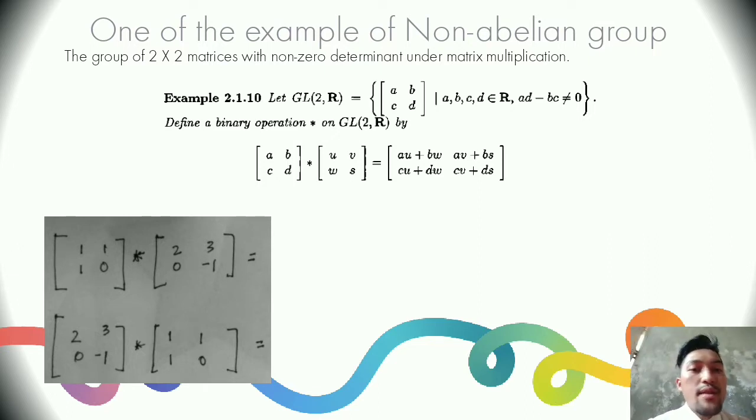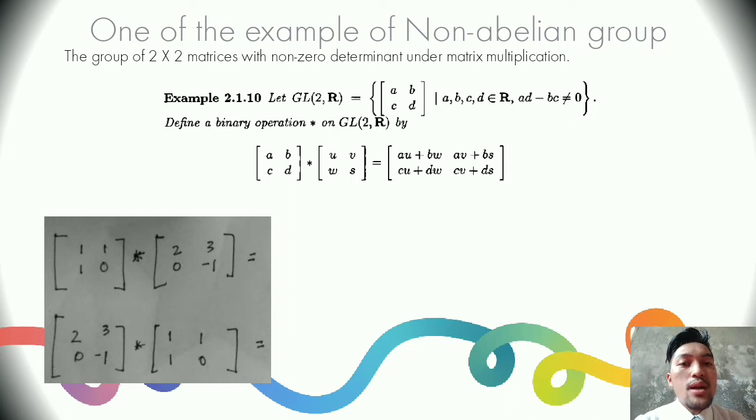So for example, we will have the matrix (1 1; 1 0) * (2 3; 0 -1), and then (2 3; 0 -1) * (1 1; 1 0). In this case, we need to show that this is a non-commutative group.